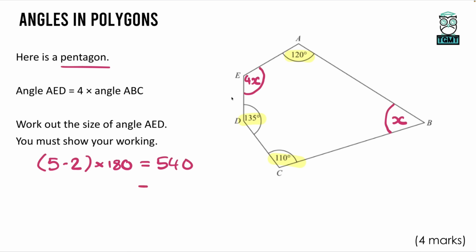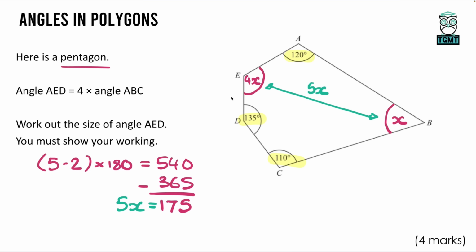So if we subtract 365 from 540, that tells us what's left over, and it leaves us with 175. Now split between these two angles, 4x and 1x, in total we have 5 lots of x. So we have 5x is equal to 175. From there we can find the size of 1x by dividing by 5.